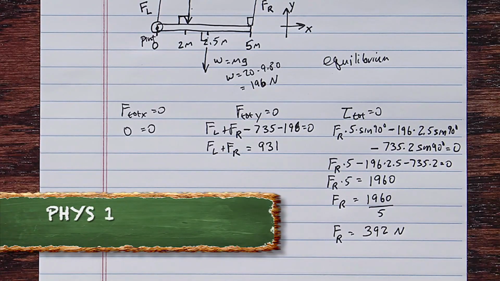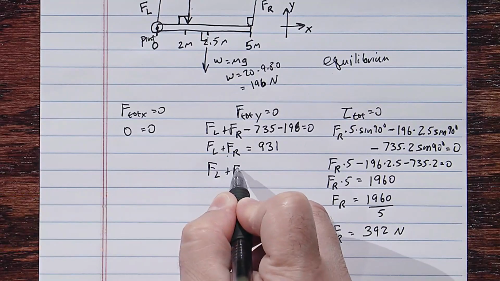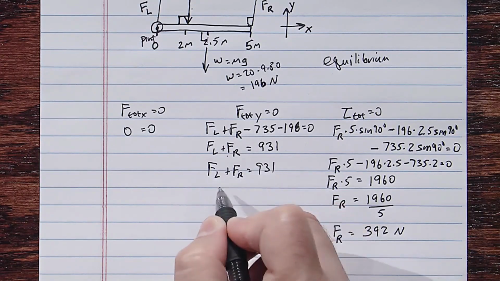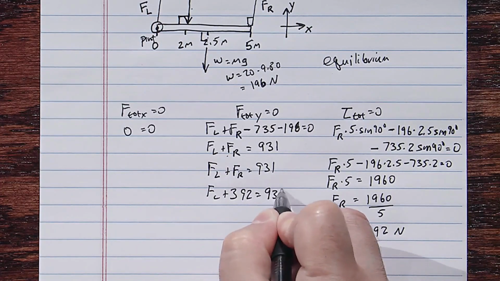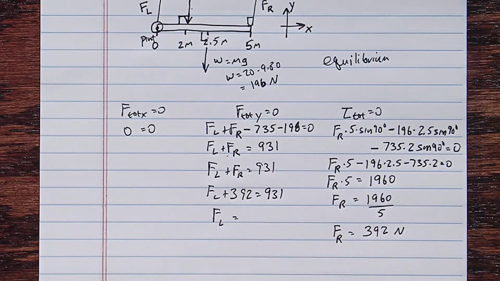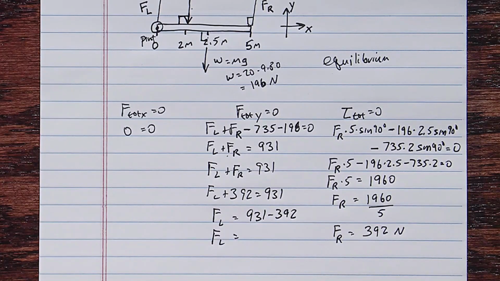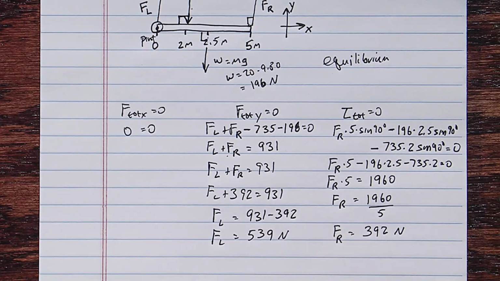And now that we know force right, we can come to this equation right here and say force left plus force right is equal to 931 newtons, or force left plus 392 is equal to 931, or force left is equal to 931 minus 392, or force left is equal to 539 newtons.